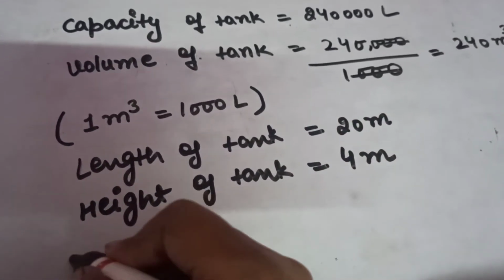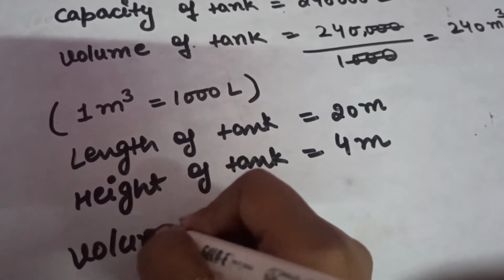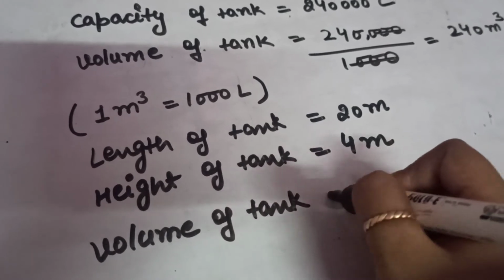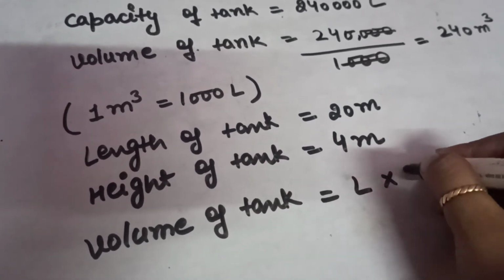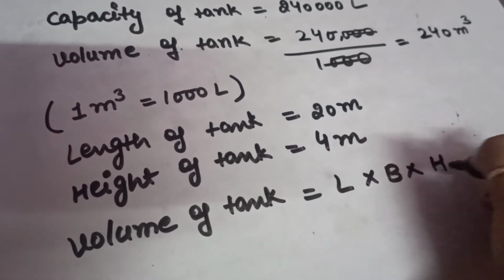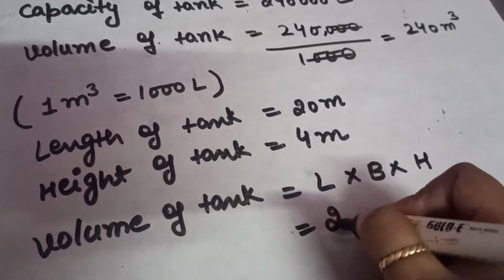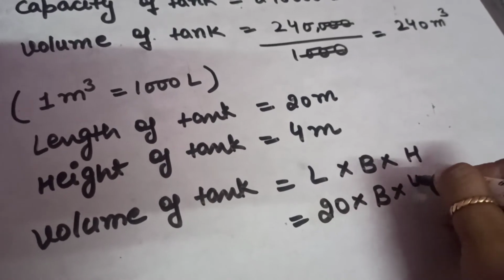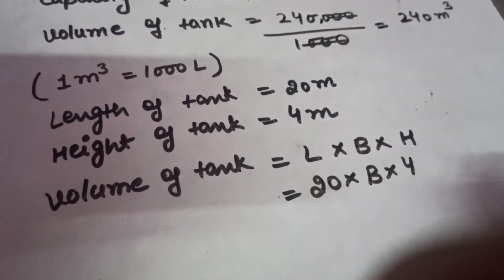So now we know about the volume of the tank. What is the volume? Length multiply breadth multiply height. So 20 multiply breadth as it is, because breadth we have to find, and height is this.